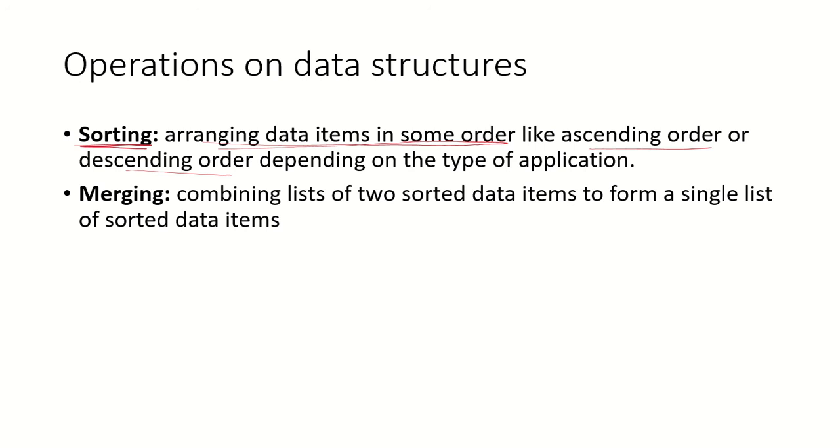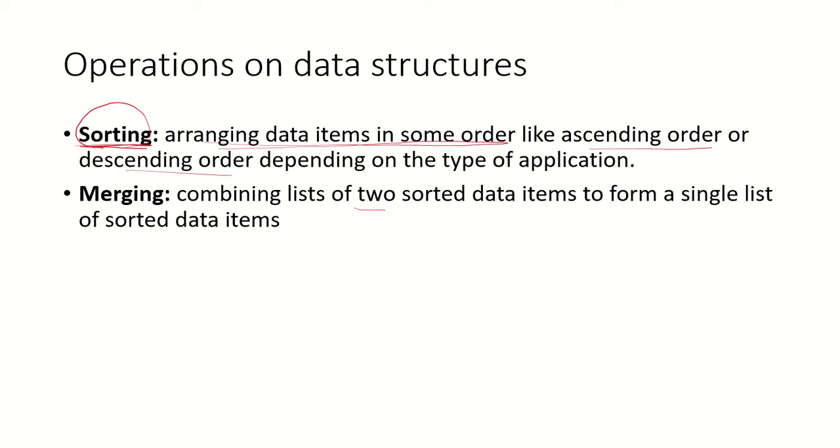In that case, the marks will have to be arranged in descending order, and then you will take out the top 3 marks and the names of the students related to those particular marks. So this would require a sorting operation.